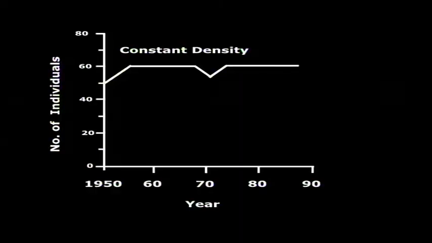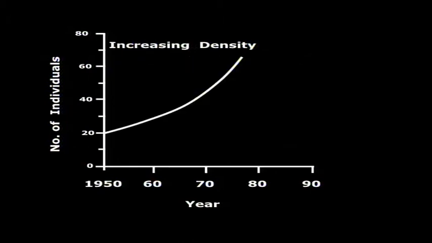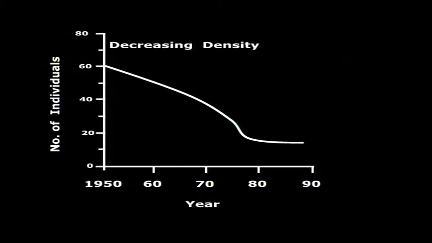As varying from place to place, population density also varies with time. Population density may remain constant, it may fluctuate or it may steadily increase or decrease. Density results from dynamic interplay between processes that add individuals to a population and those that remove individuals from it.